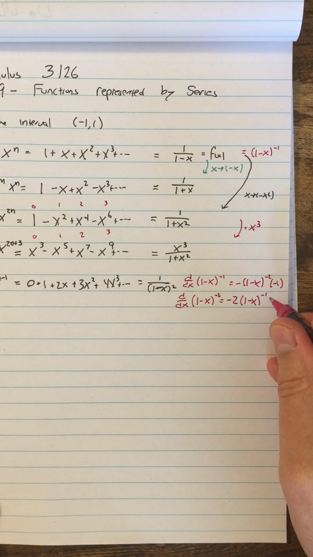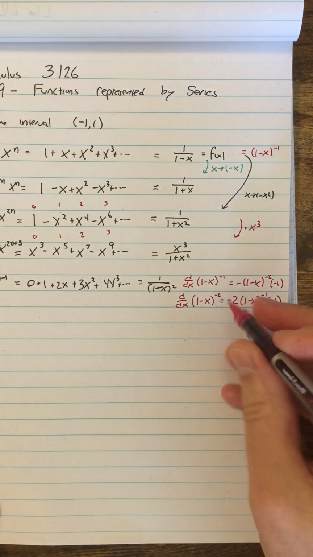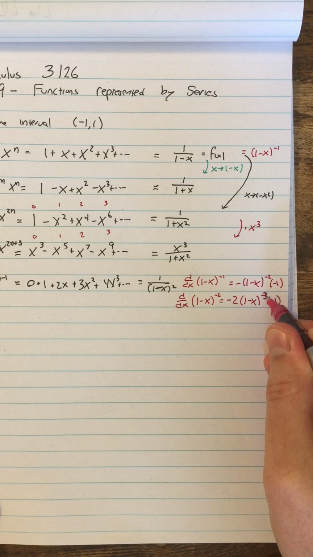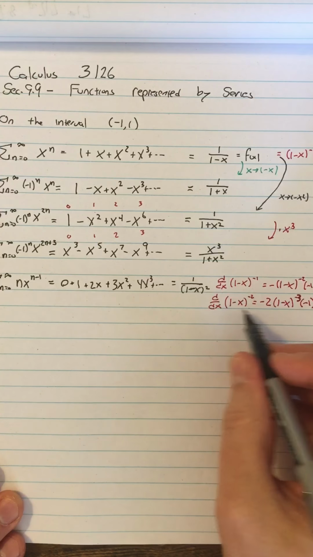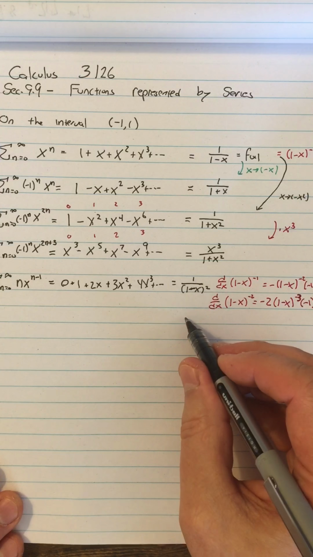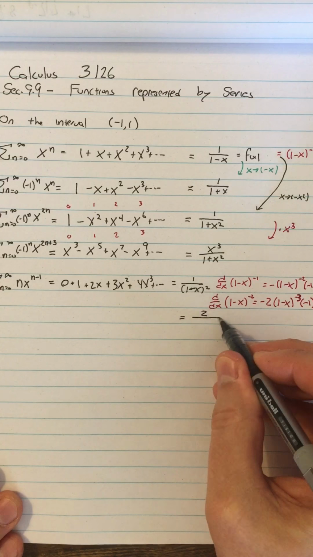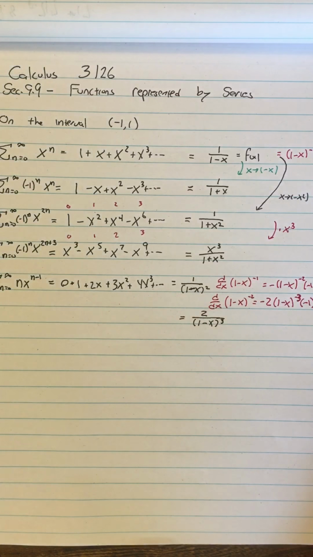I have negative x as an inside function, so it's going to be times negative 1. When I lower this exponent by 1, it should be to the negative third power. So then what I have as the derivative of this guy is 2 over 1 minus x cubed.